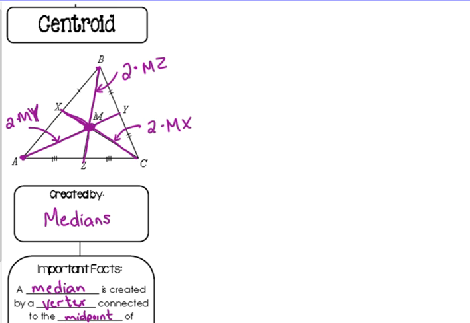Now, to be honest, let me read the standard to you exactly so you know what the state of North Carolina says. Verify experimentally properties of the centers of triangles: centroid, in-center, and circumcenter.